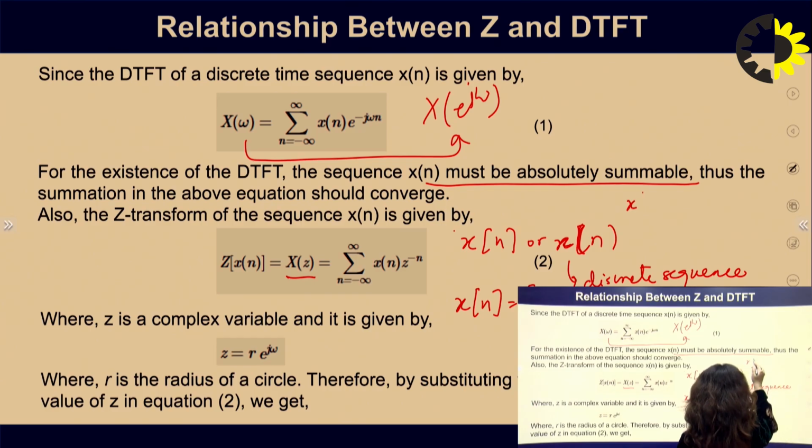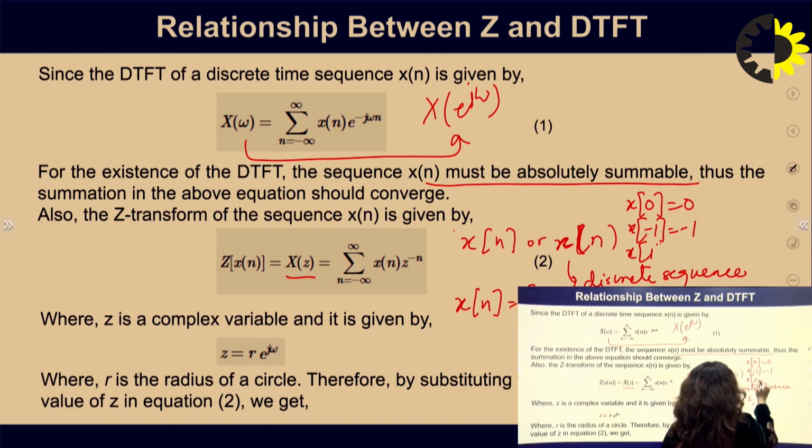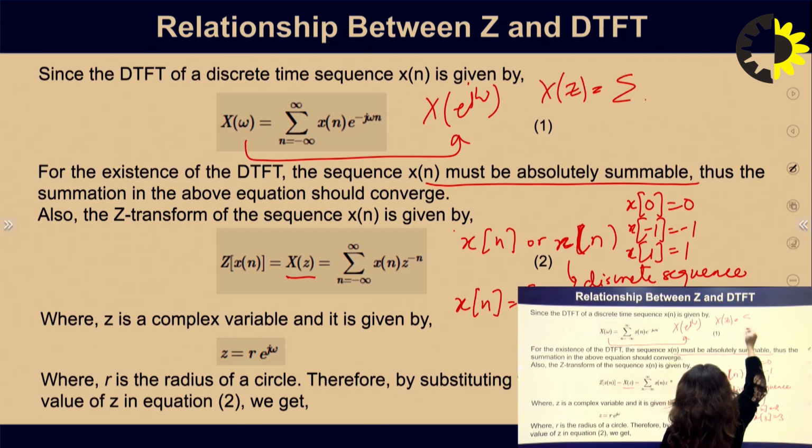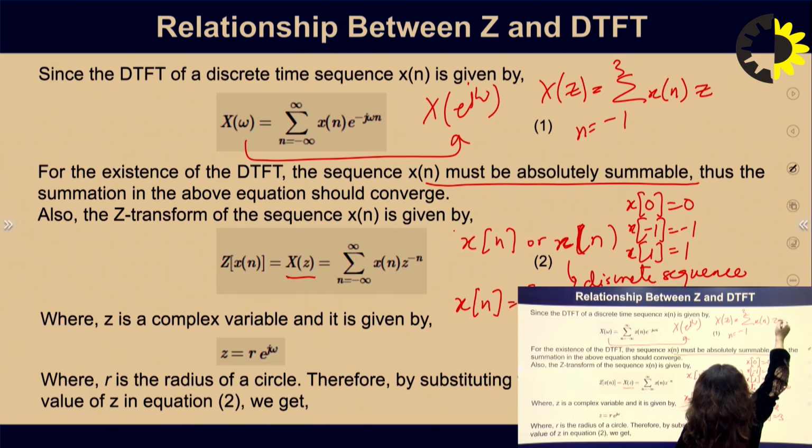So x[0] is 0, x[-1] is minus 1, x[1] is 1. Similarly, x[2] is 2, x[3] is 3. By putting the values in the expression, X(z) is the summation over n equals minus 1, 0, 1, 2, 3 of x[n] z to the power minus n.